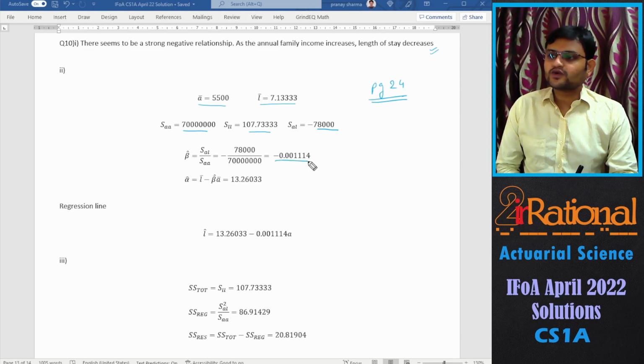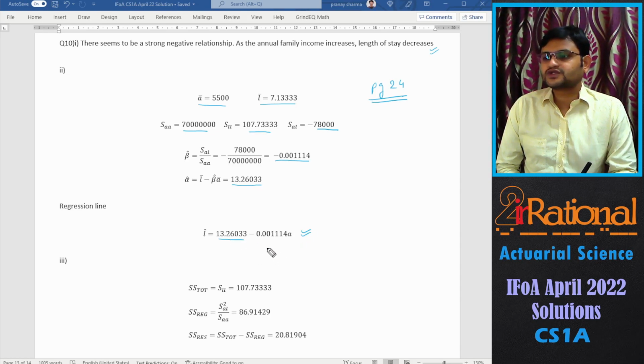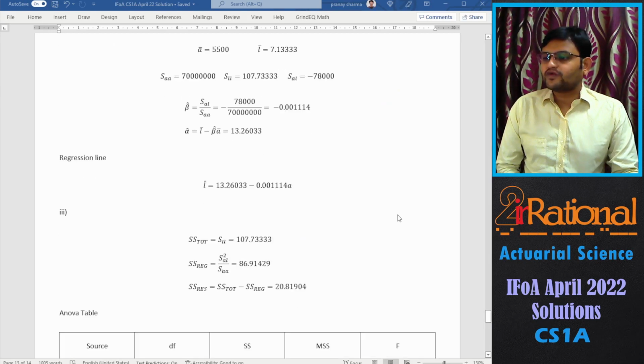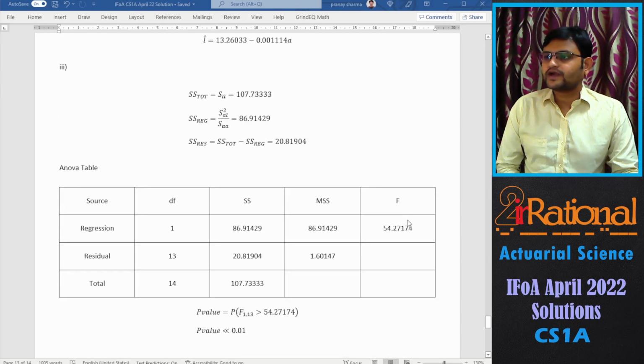So accordingly calculated the beta hat as well as alpha hat values, and the regression line would be our L hat is 13.26033 minus 0.00114A.